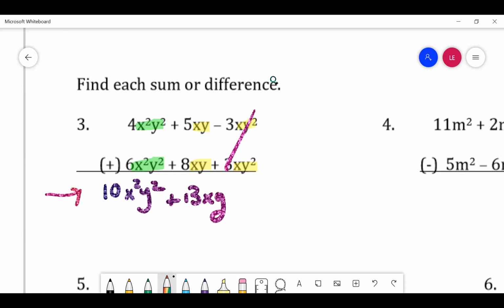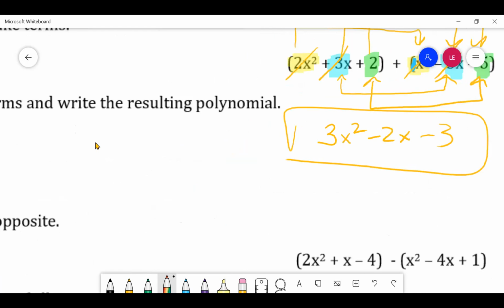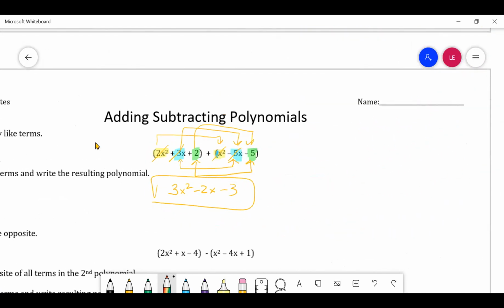Let me go back real quick. Somebody did ask to go back. Was it right here that you needed to take a picture of, or was it before that?